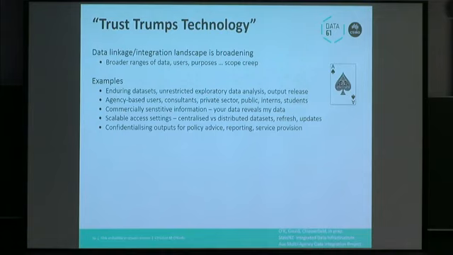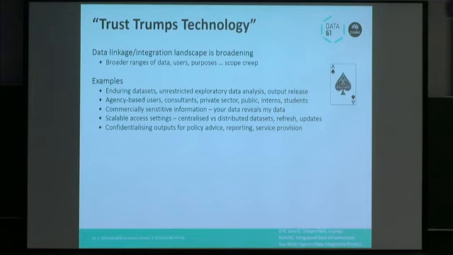How can they get ethical review? What sort of outputs are you going to release? Your trusted community of trained researchers is going to explode. Commercially sensitive information: your data reveals things about my data, so you'd better be careful about what you publish, right? Because I care. Scalable access settings, so how are we going to address that?